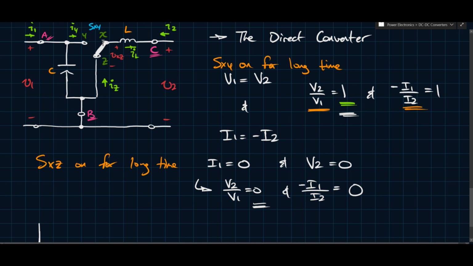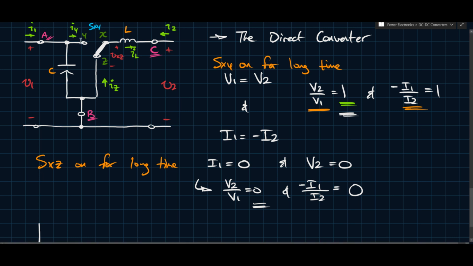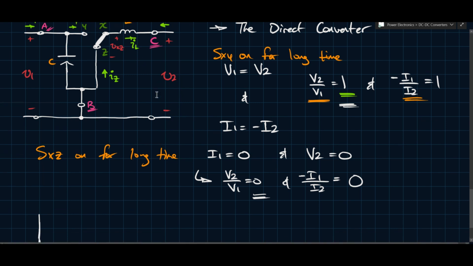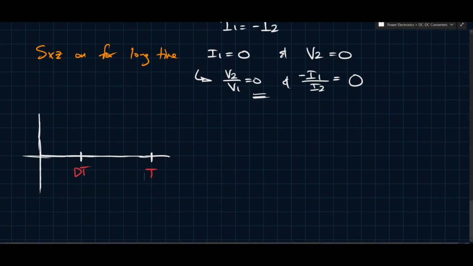So this D that we've defined in the past tells us for what fraction of the switching period SXY conducts. Now if SXY is conducting, then we know that VL, the voltage drop across this inductor, is going to equal V1 minus V2. And on the other hand, if SXZ is conducting, then the voltage drop across L is going to equal minus V2.